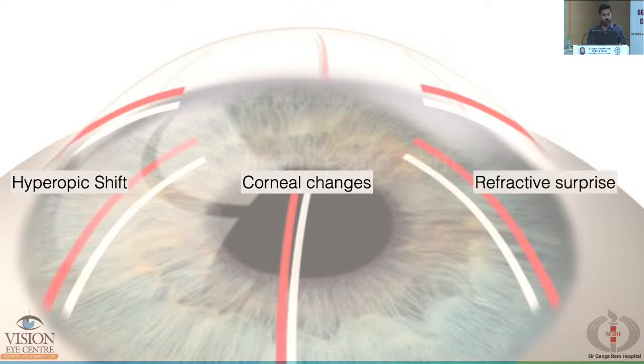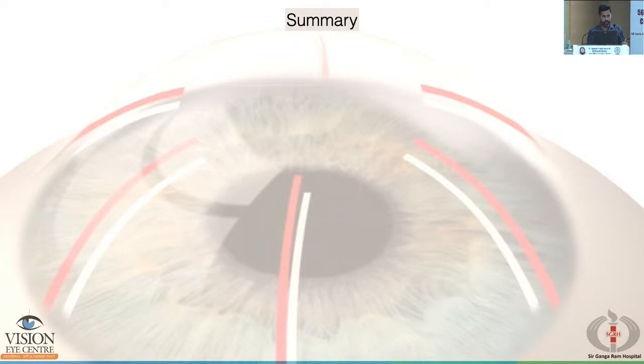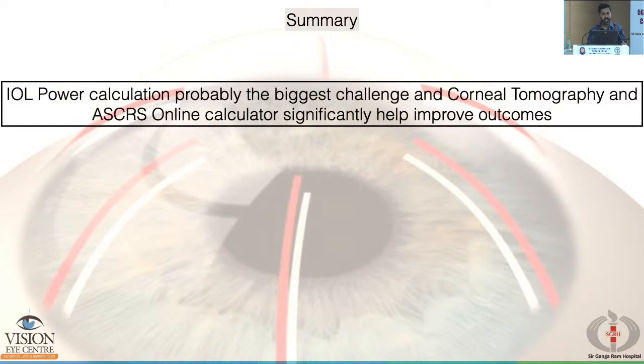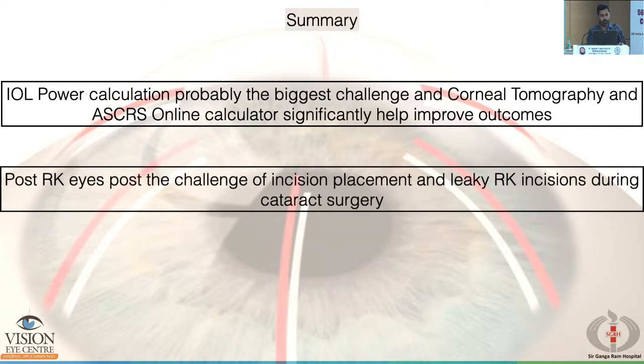And finally, no matter what you do, there is always that possibility of refractive surprise, particularly in patients who've undergone an RK or a LASIK with extremely flat corneas like the one that I showed you. That's something you should be aware of. To summarize, IOL power calculation is probably the biggest challenge. Corneal tomography and the ASCRS online calculator do help significantly to improve outcomes in these cases.